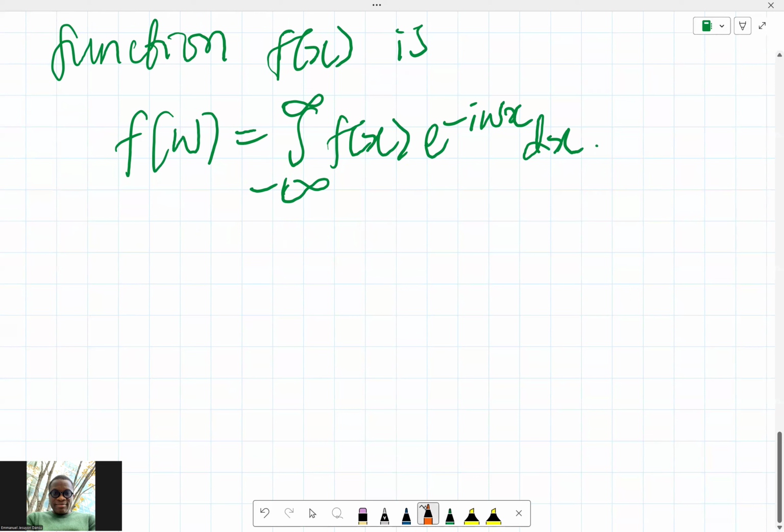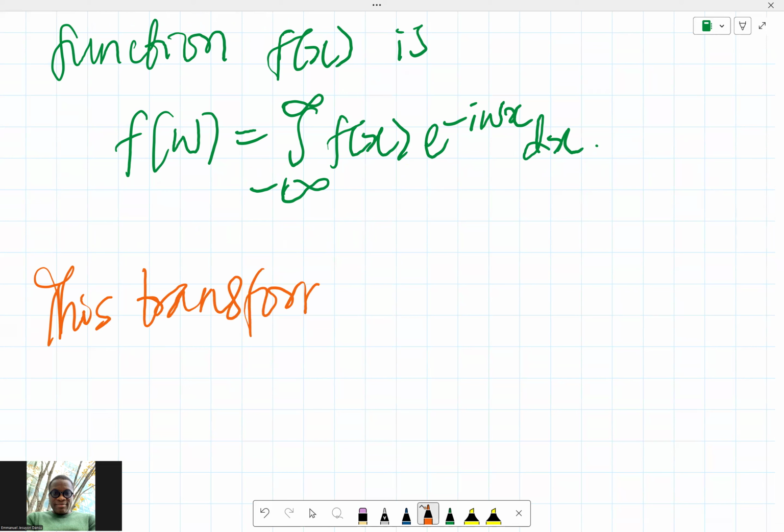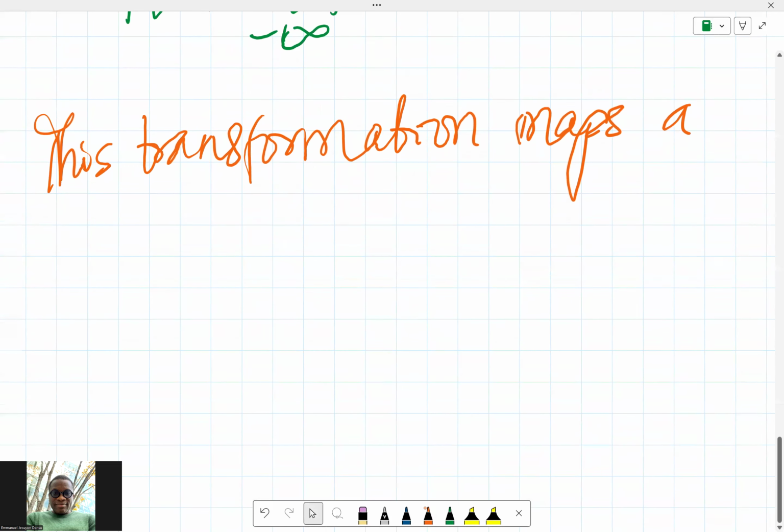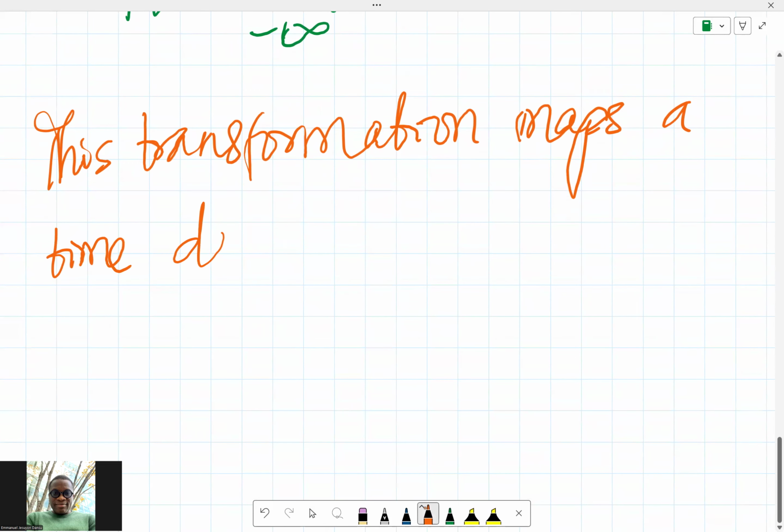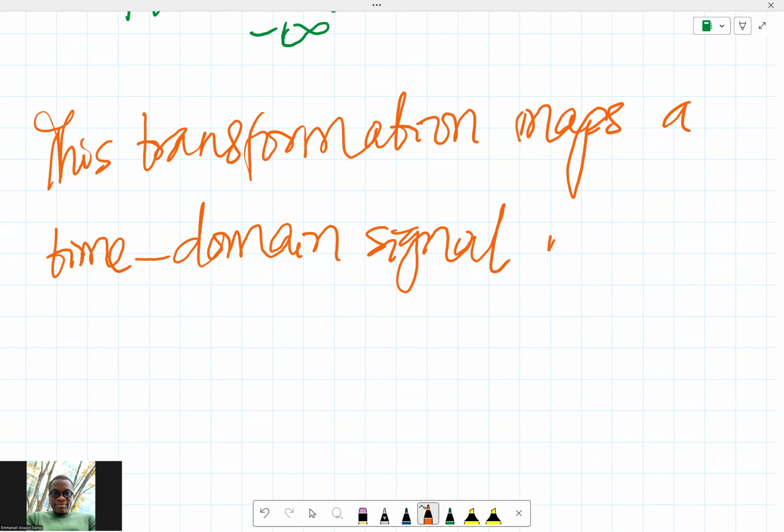Now this transformation maps a time domain signal into the frequency domain.